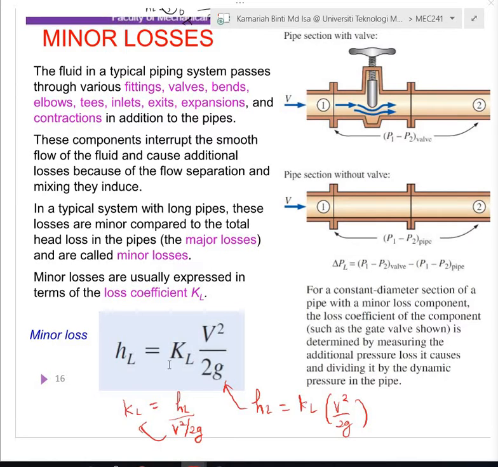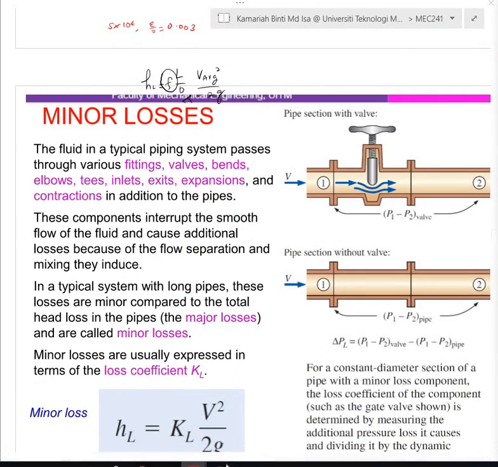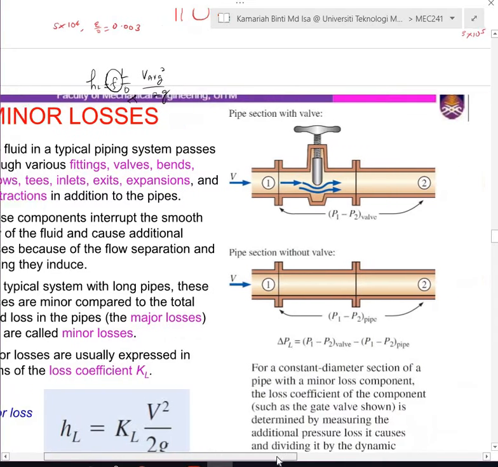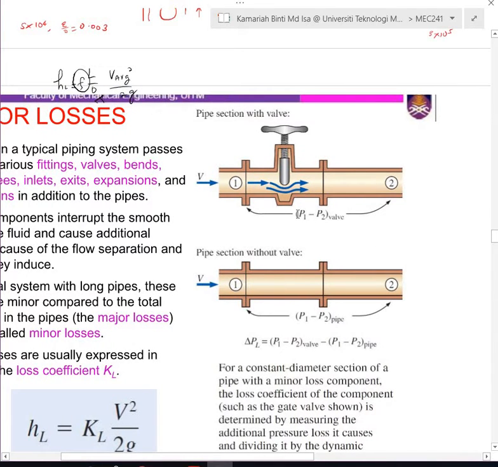The head loss is defined by KL, the loss coefficient, times V squared, where V is the velocity, over 2g.